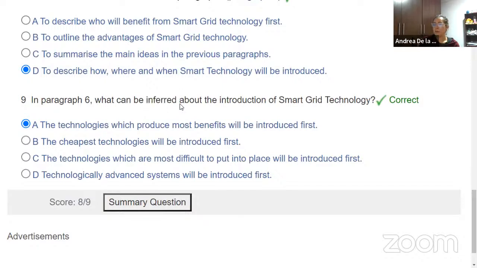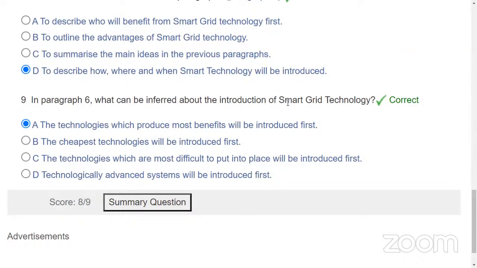So it's about choosing the one that is the most supported by the evidence in this case. Because of that expression quick wins, those quick wins produce benefits. And it's an easy way of producing benefits in a way.